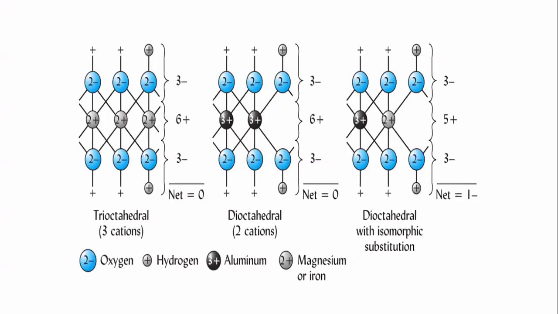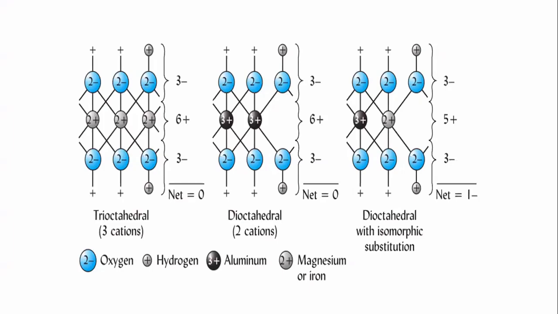If it's dominated by the aluminum sheet, the central element is aluminum. So 3 plus. And the side element is oxygen, so 2 minus. One is joined with aluminum, so the negative charge is 3 minus.